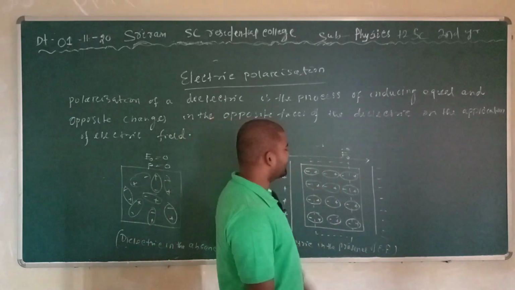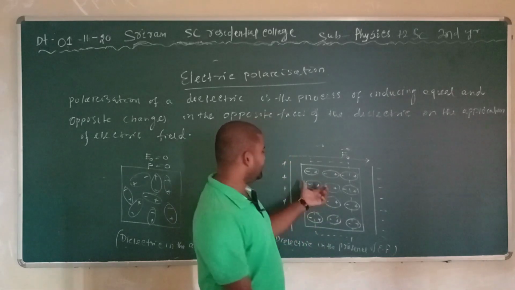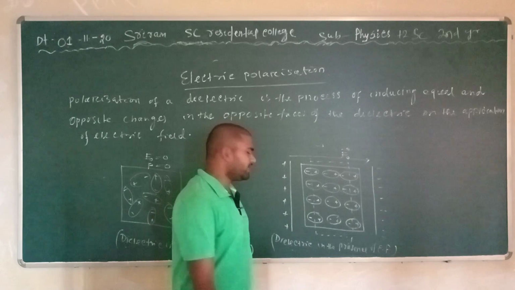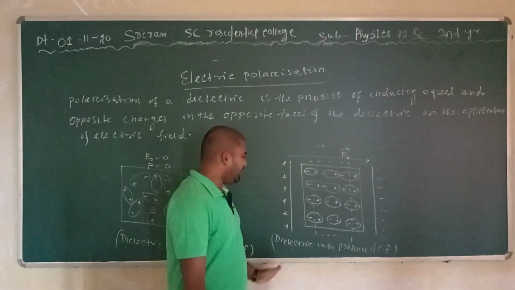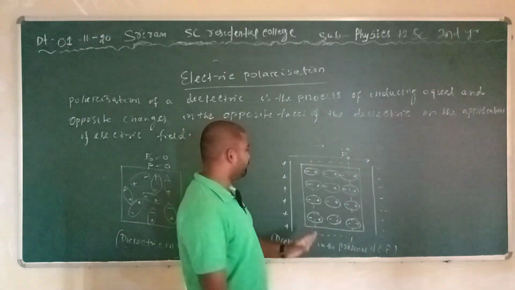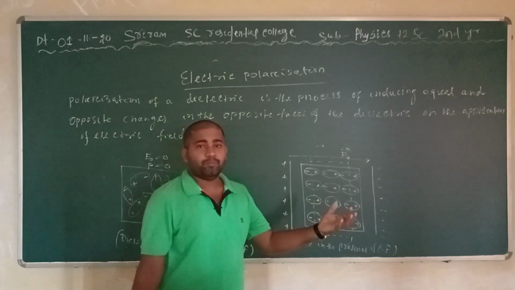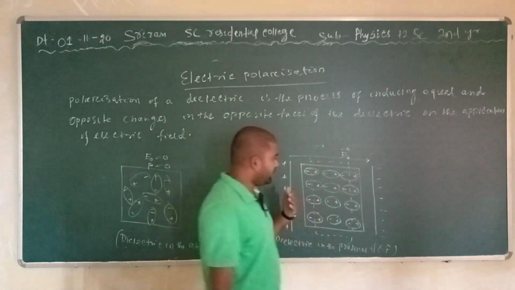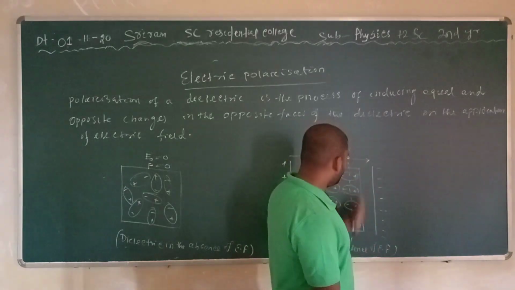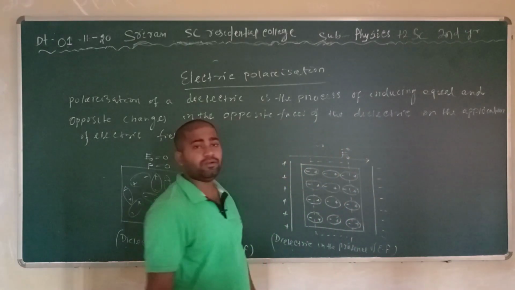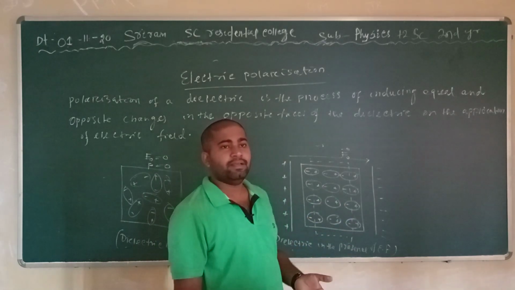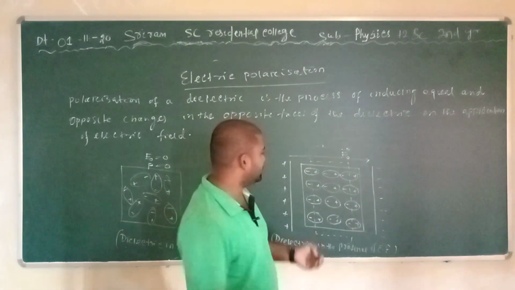As we apply the electric field, there is an arrangement of electric dipoles. The positive plate of the applied electric field pulls all the negative charges of the dielectric towards itself, whereas the negative side pulls all the positive charges of the dielectric. So that's why there is electric polarization.